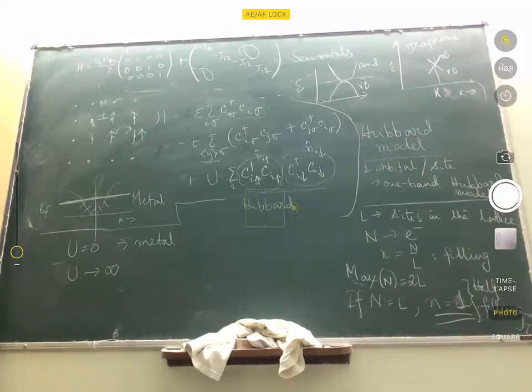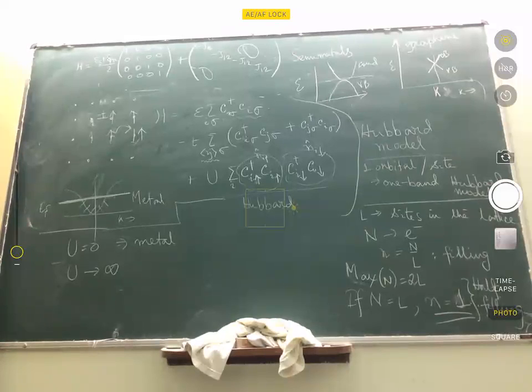And these insulators are called Mott insulators. So let us try to look at it in a slightly more quantitative way. But none of these will be an exact theory, because the exact theory of any of these is way beyond what we can do in this course. But I'm trying to give you a flavor of the sort of physics that comes about.